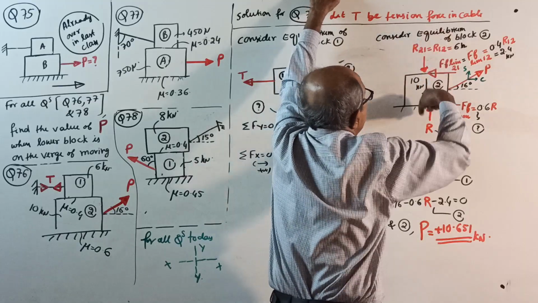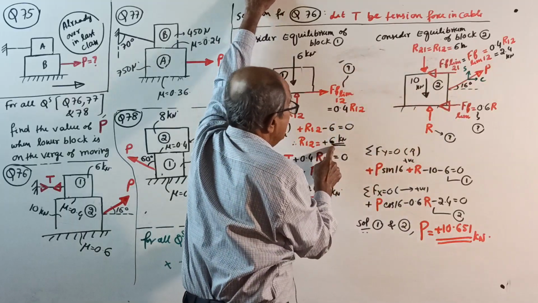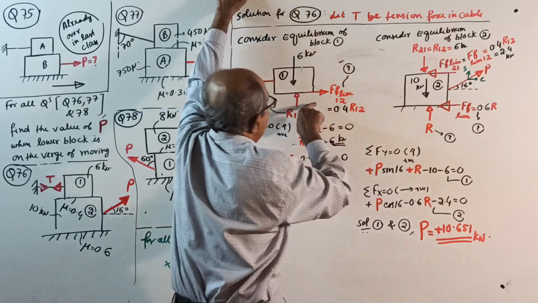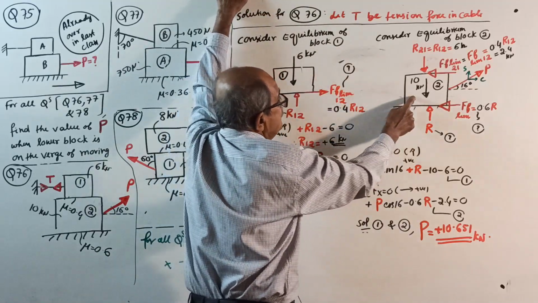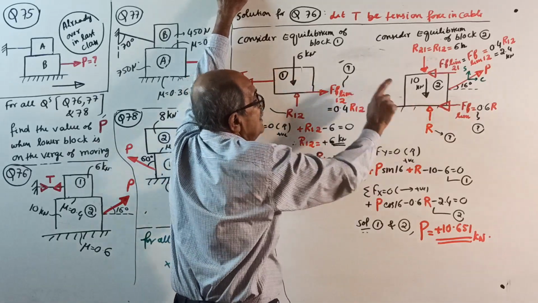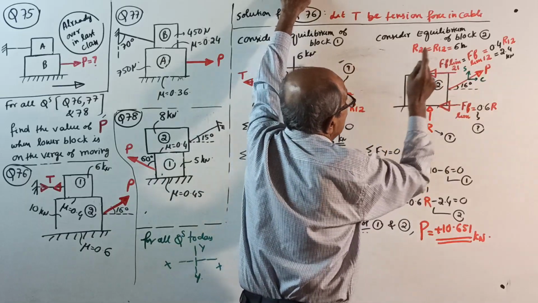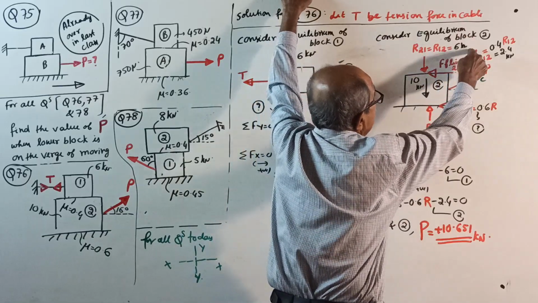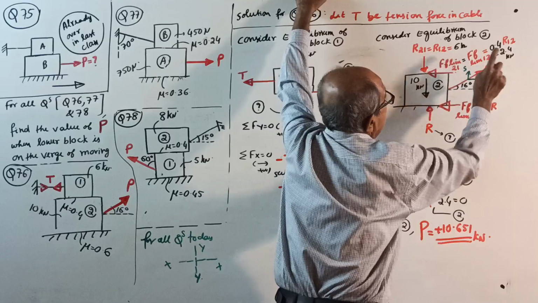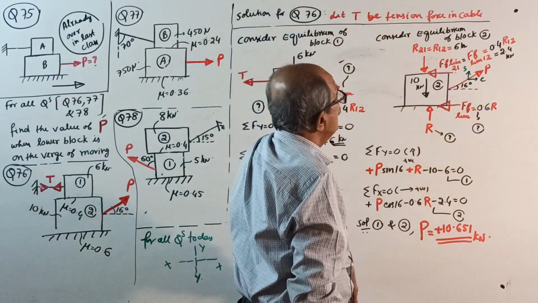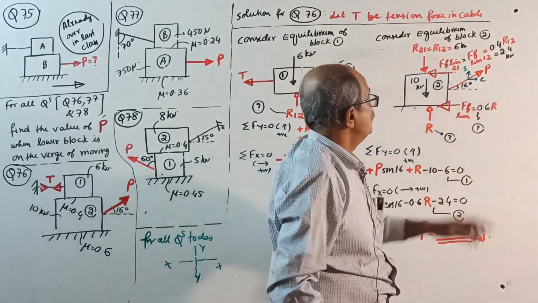And R21 down equals R12 up equals the already calculated 6 kilonewton. And FF limit for 1-2 acts this way on this block, and for this block, FF limit for 2-1 is equal to FF limit for 1-2, which is 0.4 R12. Substitute R12 as 6 kilonewton, you get 2.4.